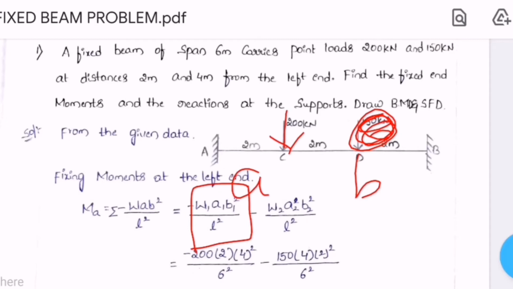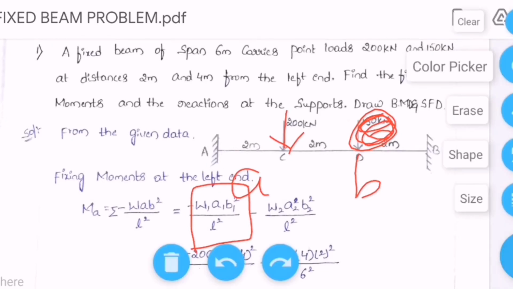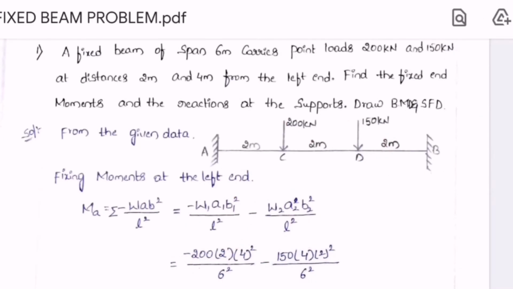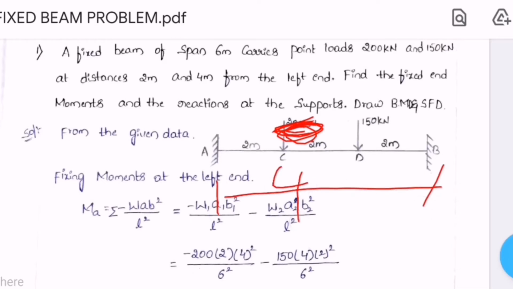This is for 200 kilonewtons, and as per the given problem we have one more load here, that is 150 kilonewton. So now suppose that there is no 200 kilonewton load, so the distance A will be 4 and B will be 2 for the 150 kilonewton load. Fine.